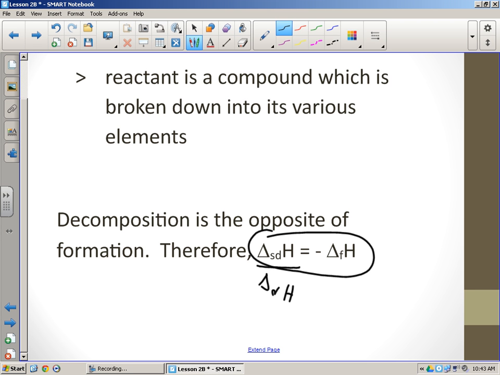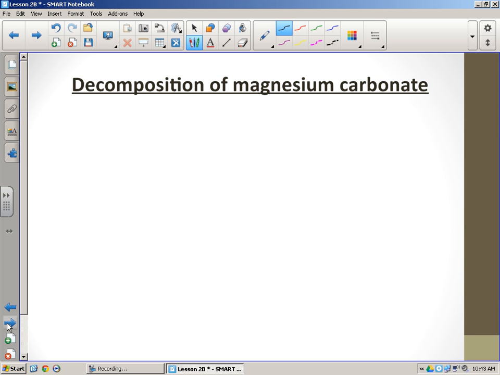So let's take a look here. If we're doing the decomposition of magnesium carbonate, we should hopefully know it looks like this. Magnesium is 2 plus, carbonate is 2 minus. This is a compound of a metal and a polyatomic ion: 2 plus, 2 minus, swap, drop, and reduce. All ionic compounds, unless you put them into water, are solids because they're very good at sticking together.